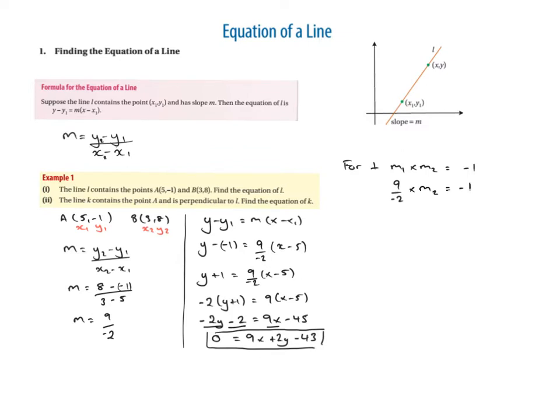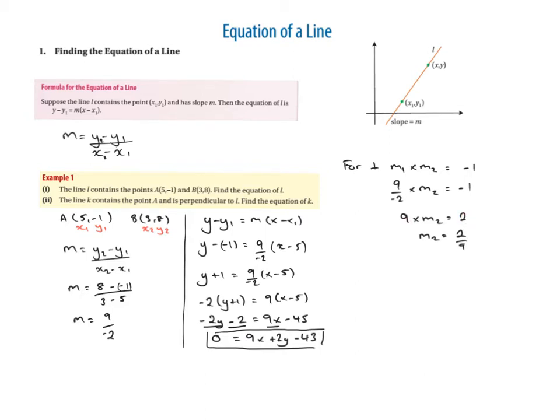And we're going to solve. So we're going to multiply everything by minus 2, which means we get 9 times m2 is equal to, well, minus 1 times minus 2 is 2. And that means that m2 is equal to 2 divided by 9, because we have to divide both sides by 9 to get rid of this 9 times. So 2 divided by 9.